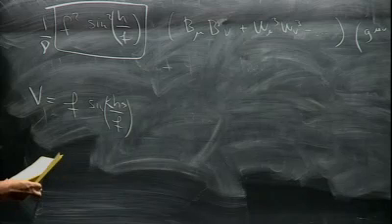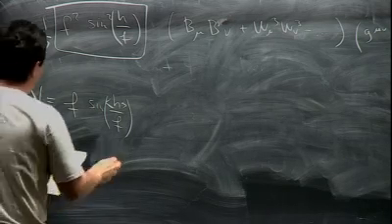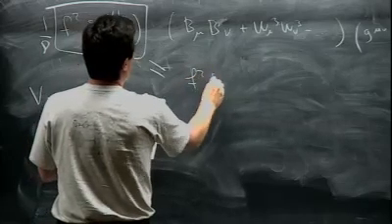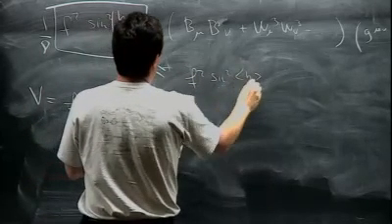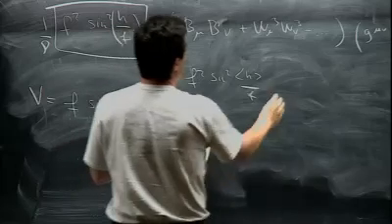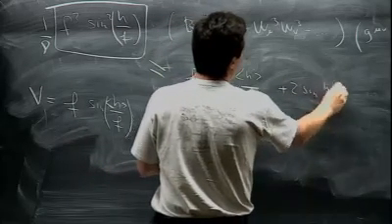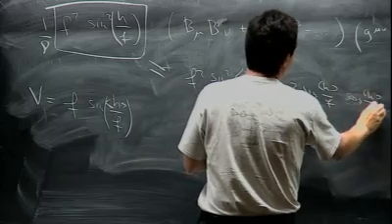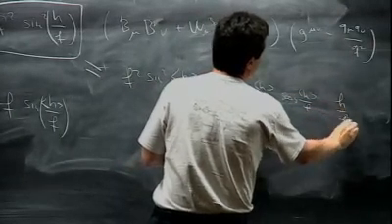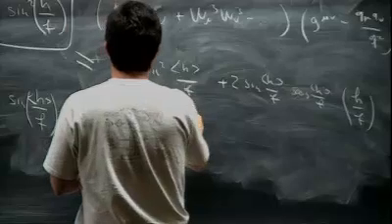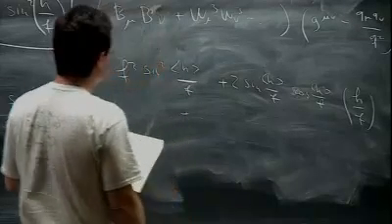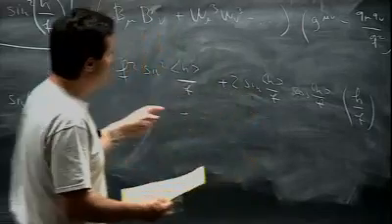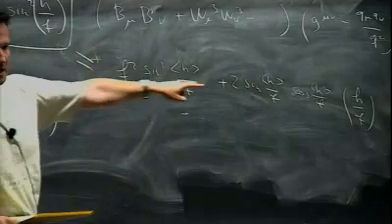Once you expand this, it will have the usual thing, F squared sine squared H VEV over F, plus 2 sine H over F cosine H over F times H over F, plus other terms, doesn't matter. So the important thing is that this is not going to be exactly equal to V times H.